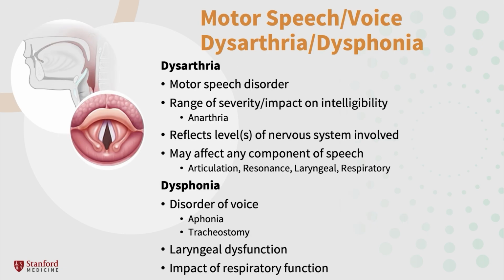When we talk about speech, we're going to make the distinction today between motor speech and voice. One of the impairments of speech is referred to as dysarthria. That's one of the motor speech disorders, and this can really range in severity from perhaps a person having a slightly slower rate of speech all the way up to profoundly impaired speech, where there's a significant impact on intelligibility.